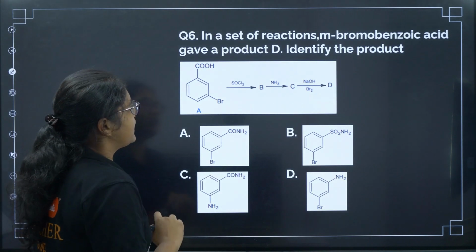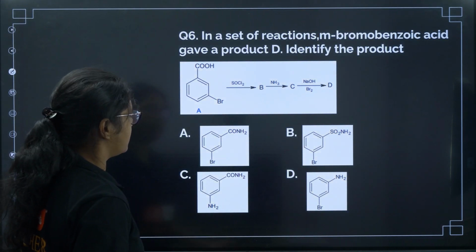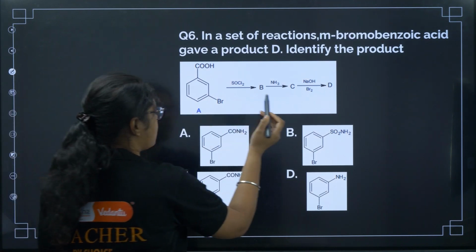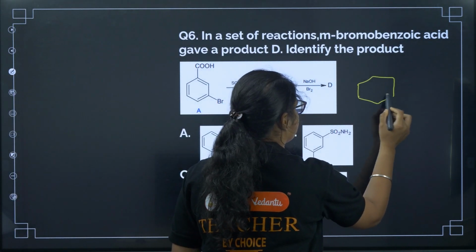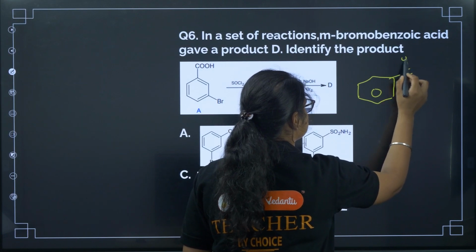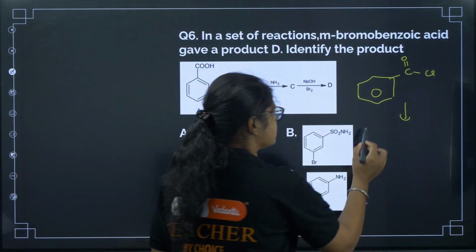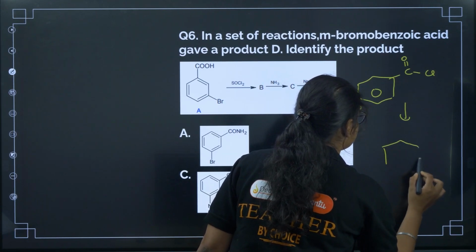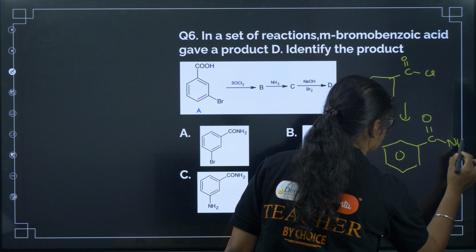Next, in the set of reactions, meta-bromobenzoic acid gave a product D, identify the product. Okay, so this one again, if you see what will be B first, so we have this COOH group. In that, if you take SOCl2, it will be replaced with Cl group, right? So this is my B. Now, when you treat it with ammonia, we will get CONH2.